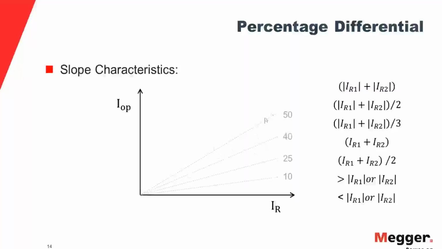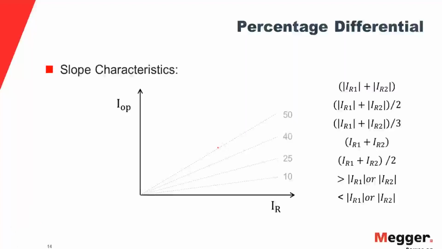And the current flows through the restraint coils and the operating coil in this case. So these are the restraint coils, and this is your operating coil. Typically, if I draw a graph between IOP, which is your operating current, and IR, which is your restraint current, the restraint current is calculated different ways.